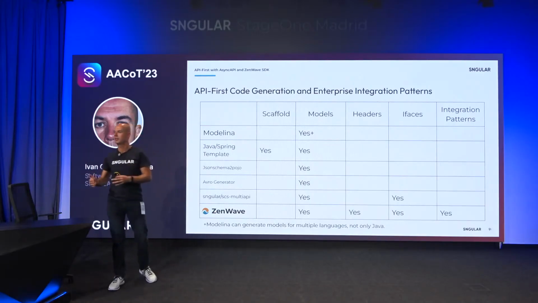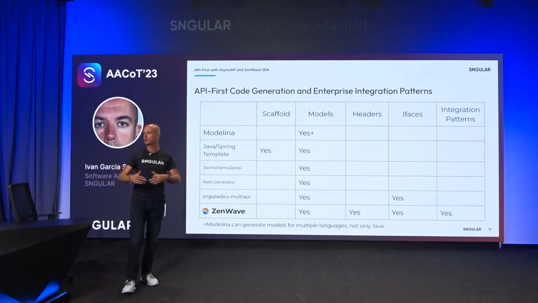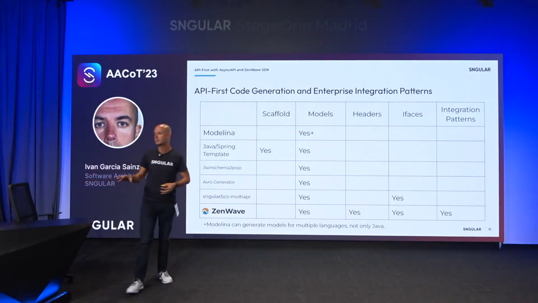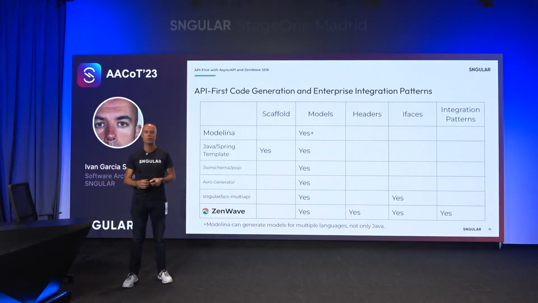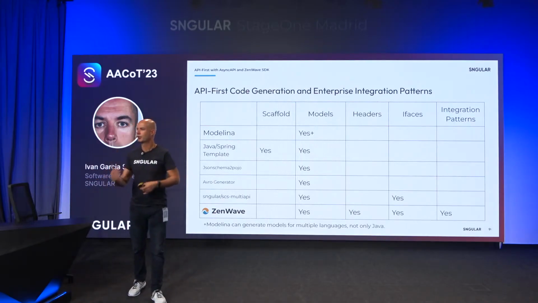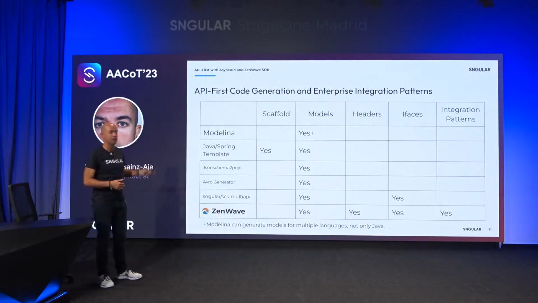So we wanted that workflow with one single interface that was common for the whole company, and with different implementations behind the scenes. And when you upgrade the generator, you will get a different implementation, but your code still works the same. So this is the reason why we built ZenWave.